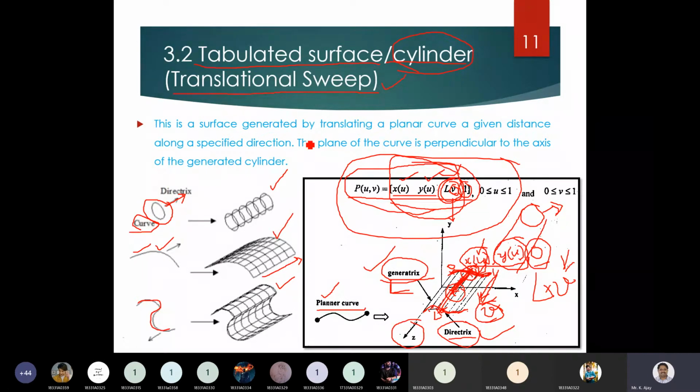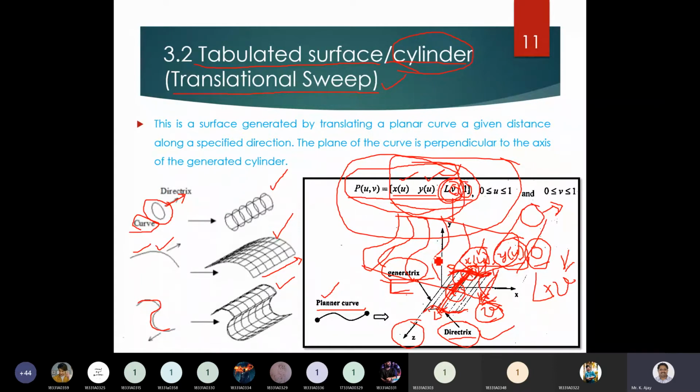And let us say I want to ask a question: instead of this curve lying on the xy plane, let us say the curve is lying on a yz plane like this, and then we sweep this curve along the x-axis. If you want to create such a surface, what will happen to the corresponding parametric equation? It is simple.